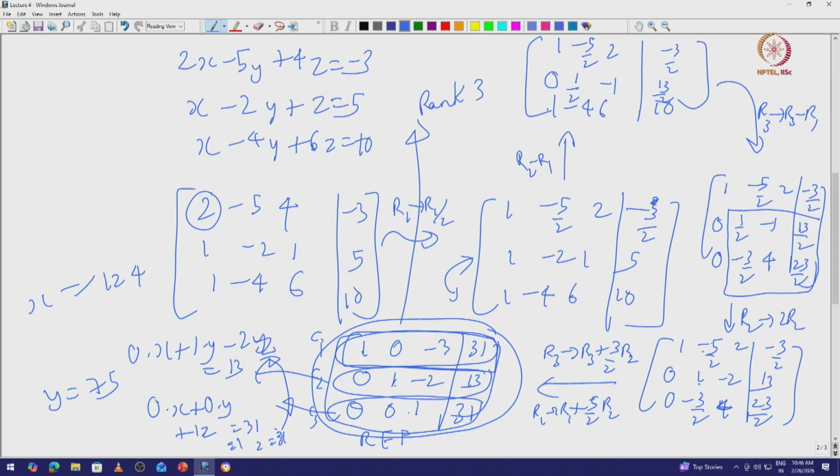Now herein lies the utility of the Gauss-Jordan elimination algorithm. The point is, these row operations do not change the row rank of the matrix, or in other words, the rank of the matrix. Why do they not change the rank of the matrix? First of all, these row operations are linear operations. All the row operations are obtained by simply taking a linear combination of these rows.